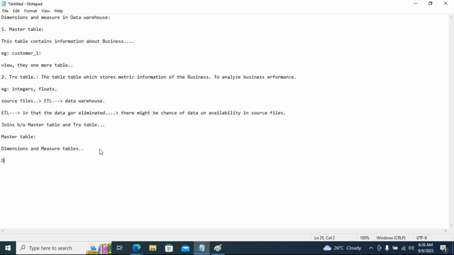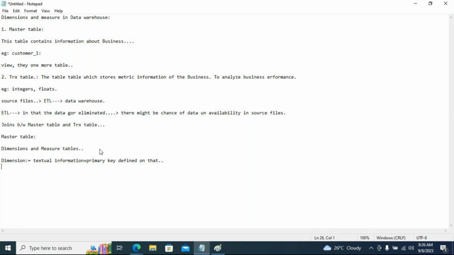One more thing we should understand when it comes to the dimension: what can usually be called a dimension? The table or column which contains textual information, plus must have a primary key defined on it.